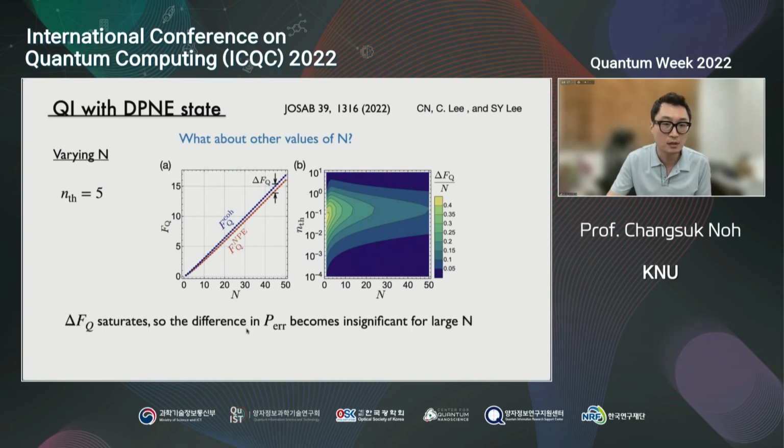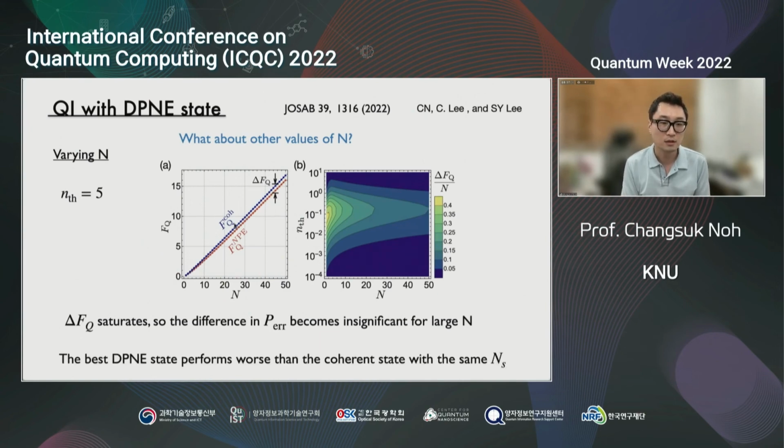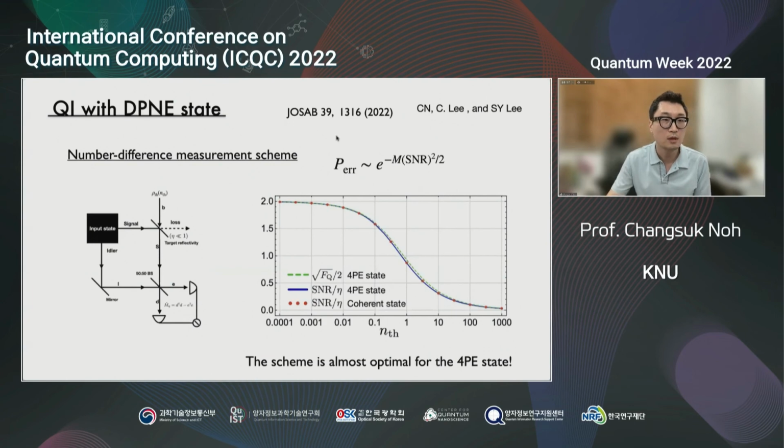That means the difference in the minimum error probability becomes insignificant for large enough n. The coherent state is always better than the DPNE state. So we can conclude that the best DPNE state performs worse than the coherent state with the same signal energy. And I won't talk about this, to keep the time.